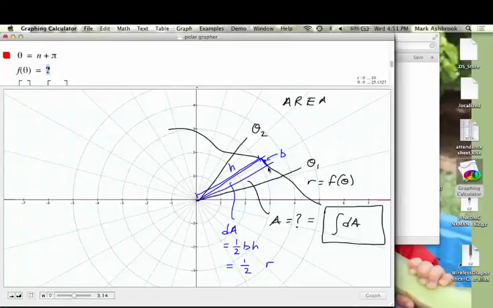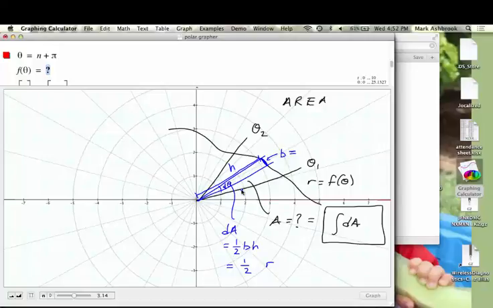The thing about an angle is that the arc gets further apart as you go further away, so we need to use the arc length formula to approximate that little segment. If our opening is d theta, and we are r away from the pole, then what is that little arc length?